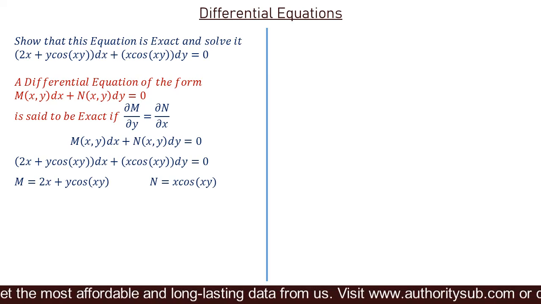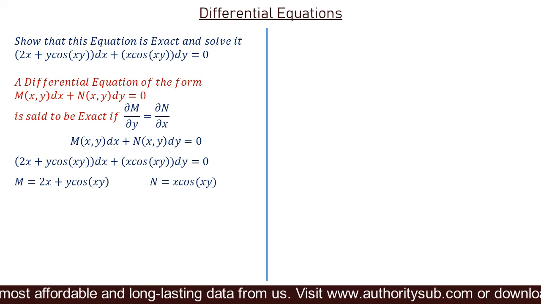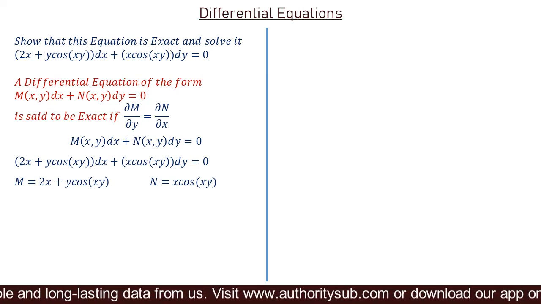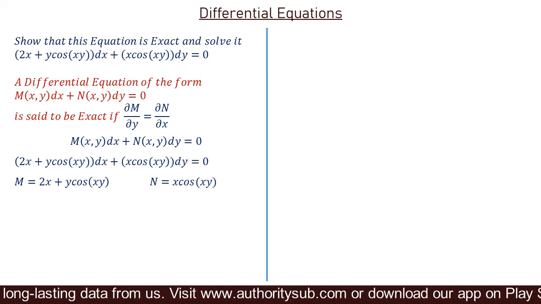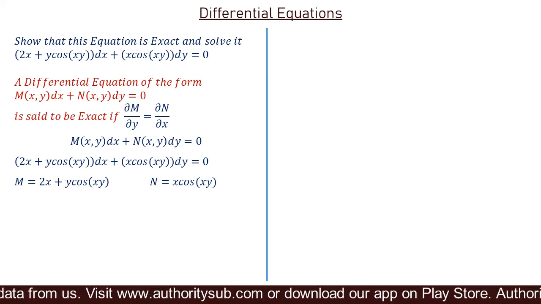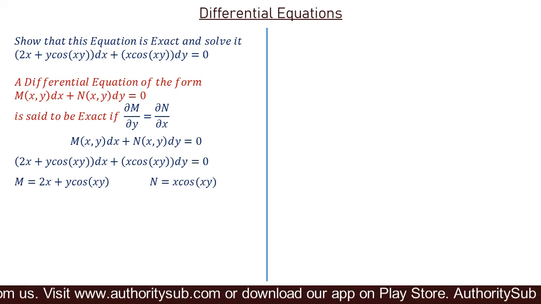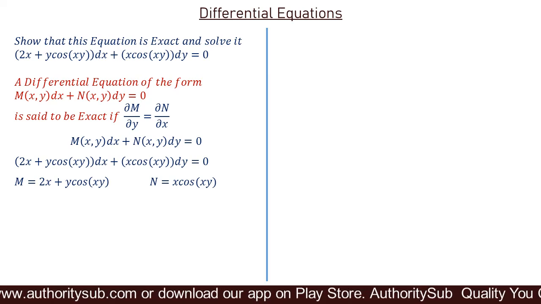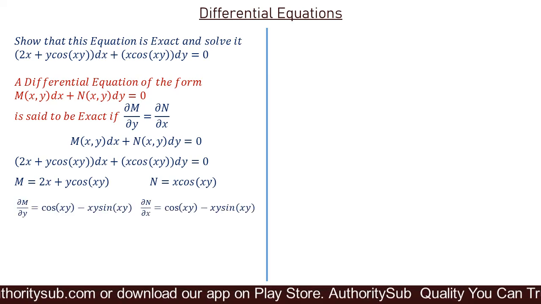So here we are going to apply product rule, meaning we are going to differentiate y partially with respect to y, multiply by cos xy, plus differentiate cos xy multiply by y. Are we together? Yes, let's try it. When you differentiate y with respect to y, it's going to give you 1 multiply by cos xy.